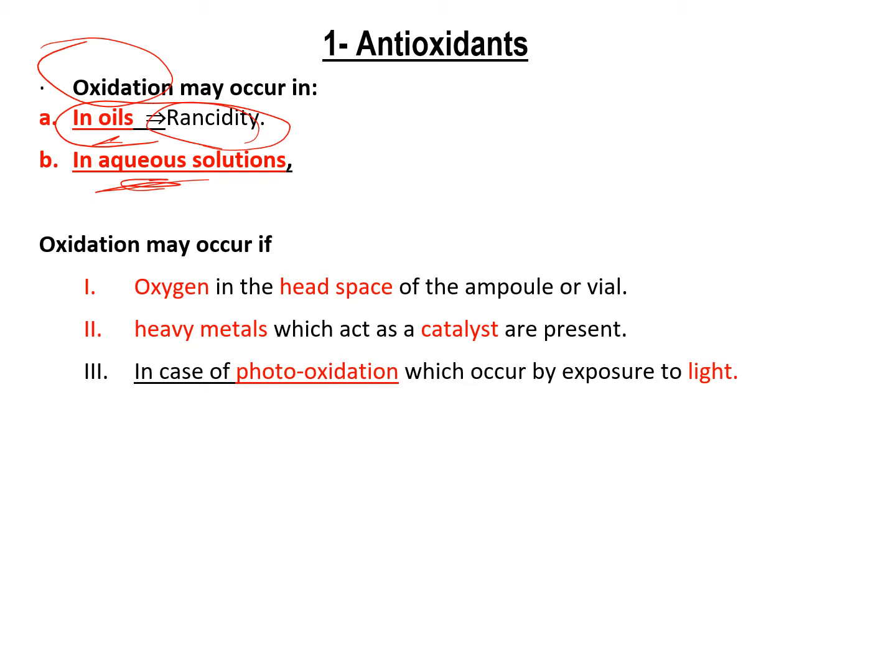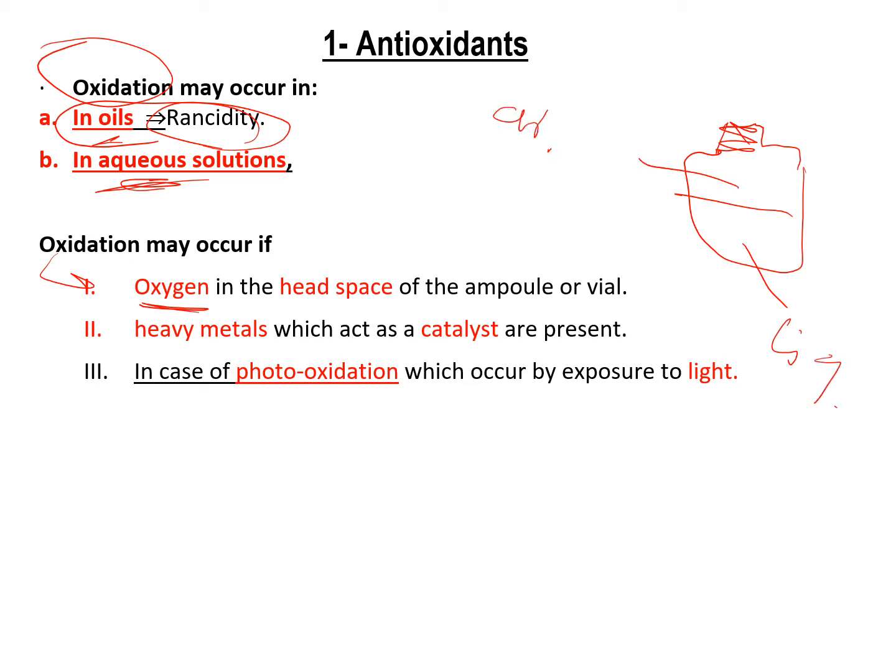It happens because of presence of oxygen, of course, maybe in the headspace of the vial. And the word headspace means that there is liquid, and here there is air. This air is the headspace. So presence of oxygen here in the headspace of ampoule or vial, of course, will lead to oxidation.